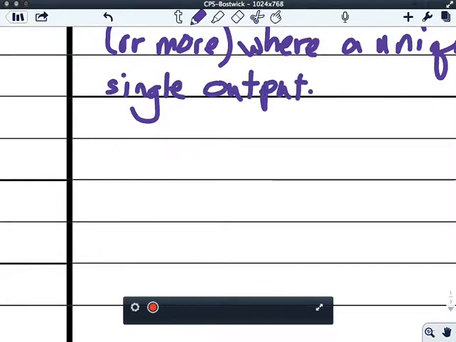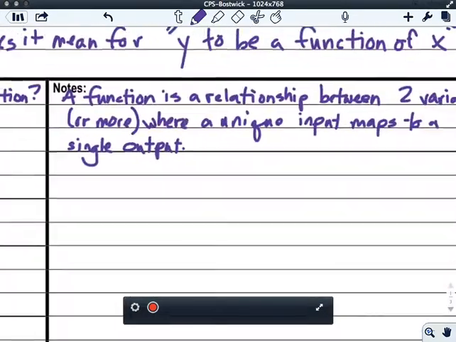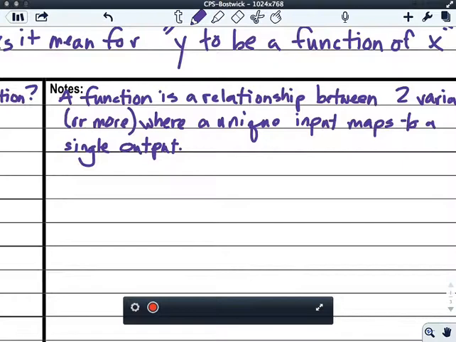So that's kind of a mathy way of putting it. So function is a relationship between two variables or more where a unique input maps to a single output.